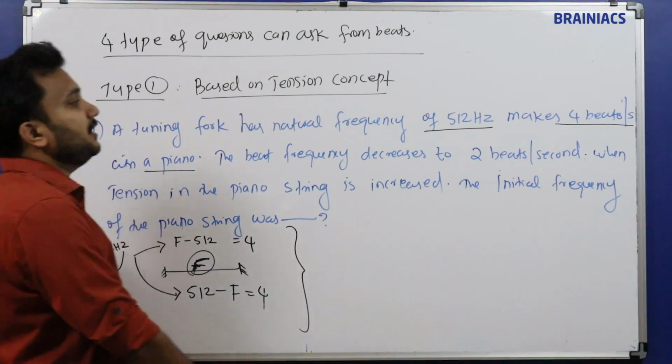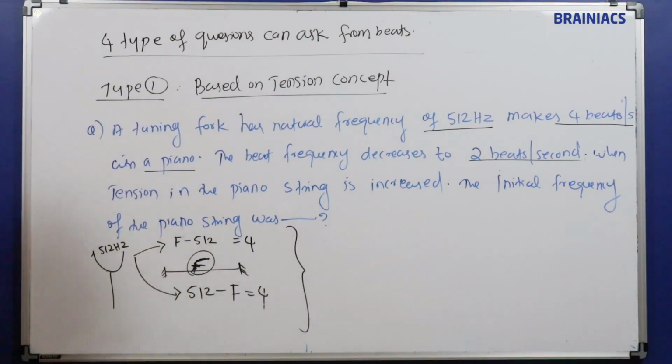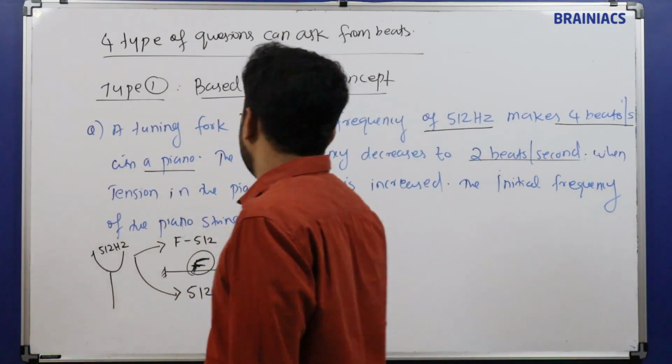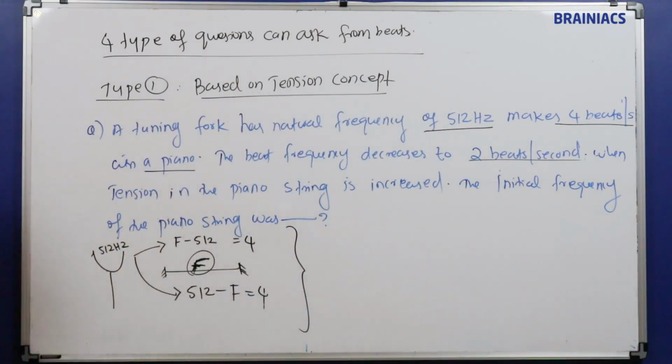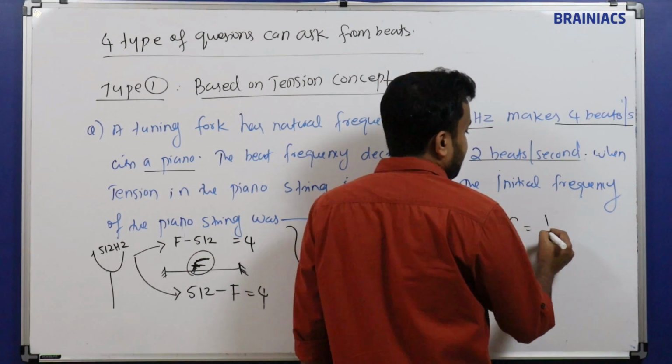The beat frequency decreases to 2 beats per second. The beat frequency reduced to two. Now the beat frequency reduces when the tension in the piano string is increased. So what is the equation of frequency?